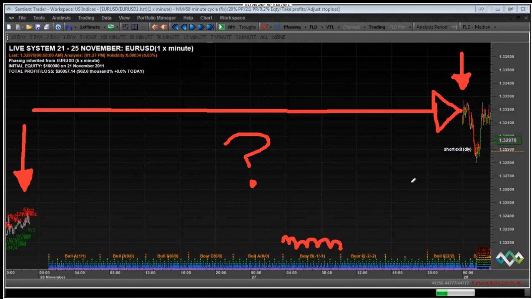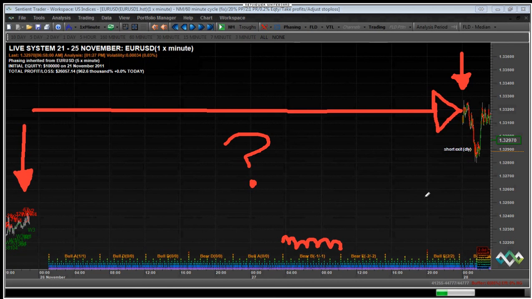So as new data comes in, it looks at the new data coming in, it looks at the previous data that happened, and it uses a really interesting process, which I don't have time to talk much about now. But it uses a process to generate what I call dummy data, and it tries to work out what's been happening in the market.